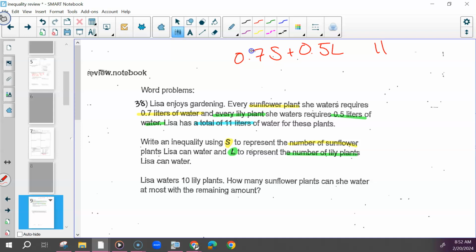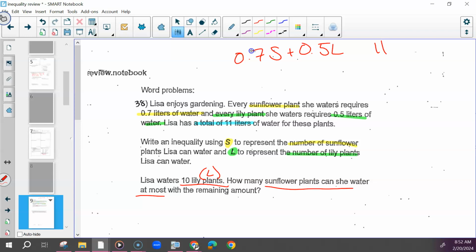Then in this last part, it says she waters 10 lily plants. So we're going to replace L with 10. And it asks how many sunflower plants can she water at most. At most is which symbol? Less than or equal to.